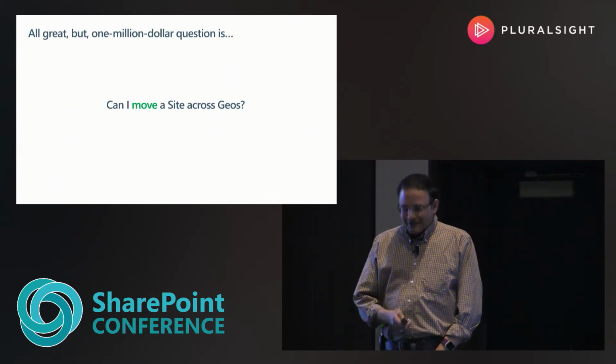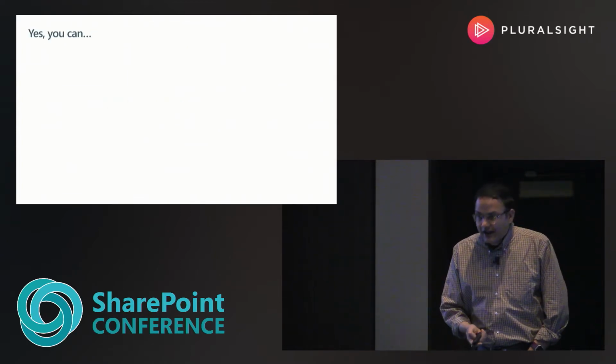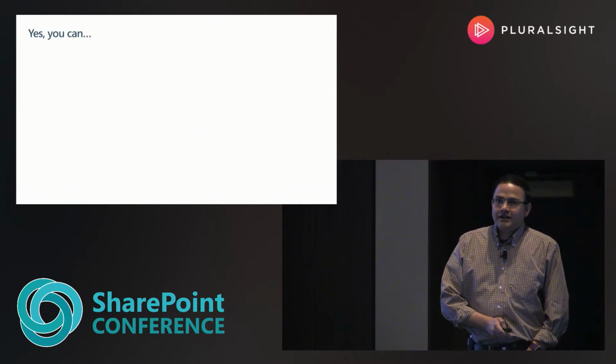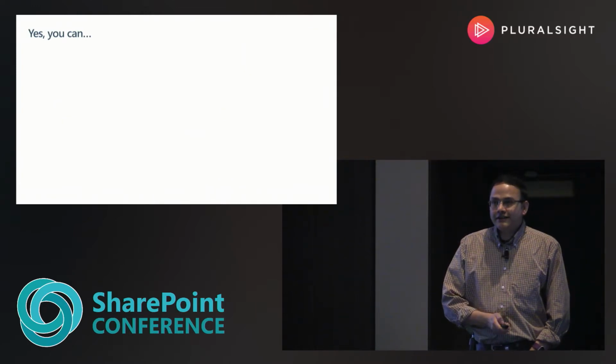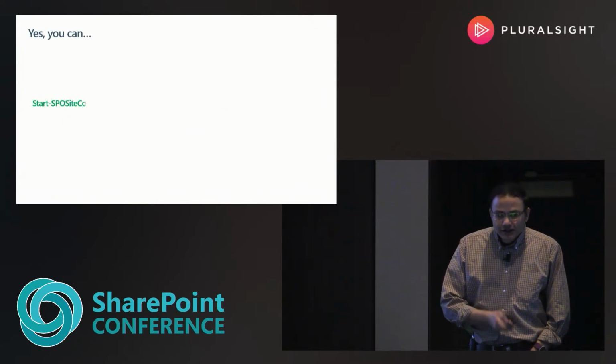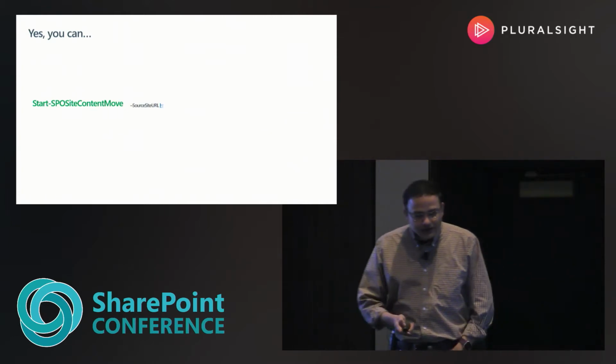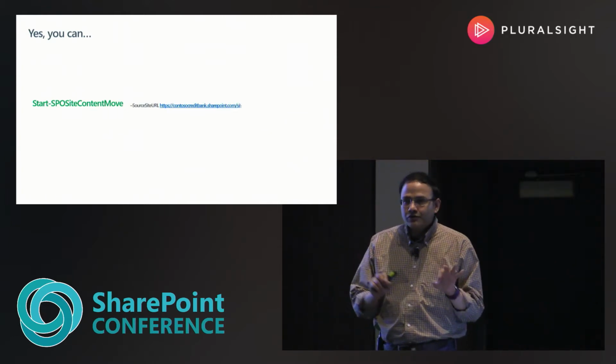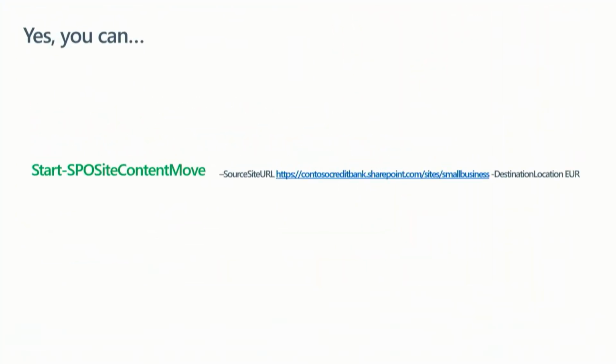So, the answer is, yes, you can move the site. And it's actually very simple to trigger the site move, which is Start-SPOSiteContentMove. That's the cmdlet that you have to run to say, here is my source site that I have in North America, and here is the destination location, which is the single parameter that you are specifying, saying I want the site to be moved to my Europe location.